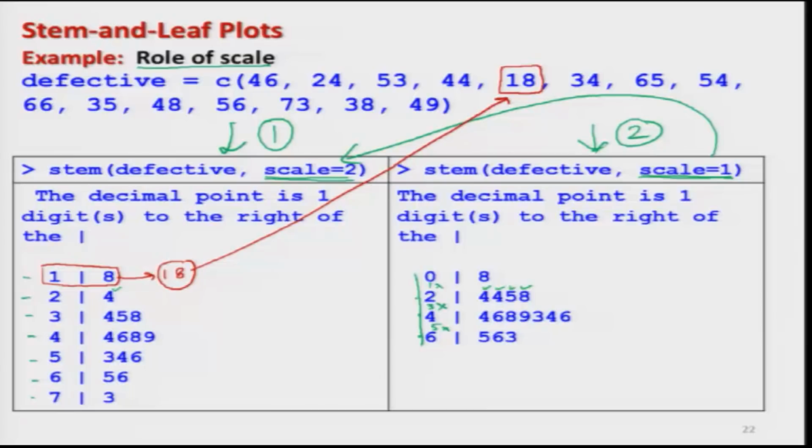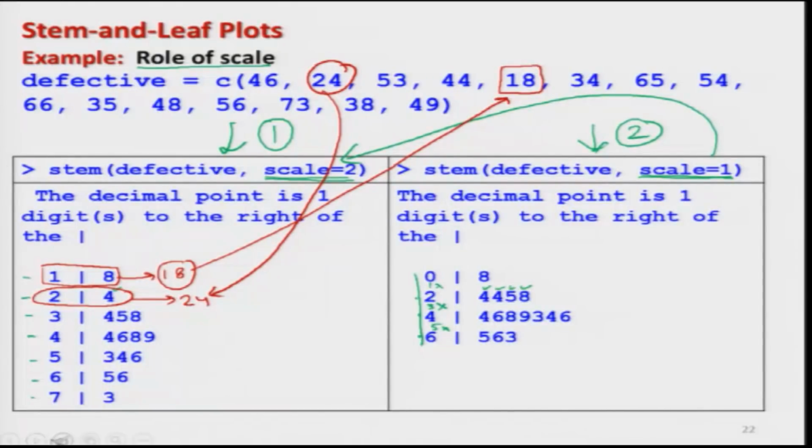Similarly, look at the second value, 2, 4. This is also indicating a value inside our data, and if you look at the data, this is the value 24. This value is indicated here.